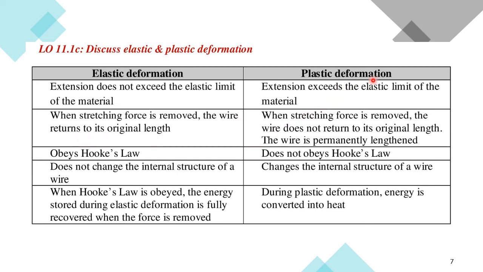But for plastic deformation, when stretching force is removed, the wire does not return to its original length. The wire is permanently lengthened. For elastic deformation, it obeys Hooke's law. But for plastic deformation, it does not obey Hooke's law.